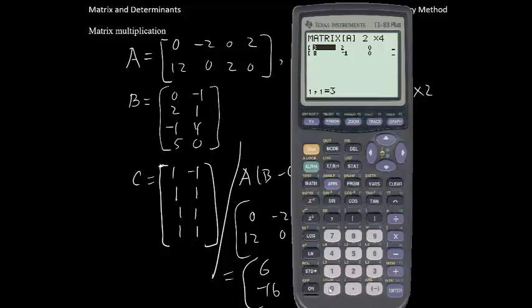First I have a 0, then I have negative 2, then I have a 0, and then I have a 2. So I'm done with the first row. Second row will be 1, 2, then I have 0, then I have a 2, and then I have a 0. So I'm done with this matrix.